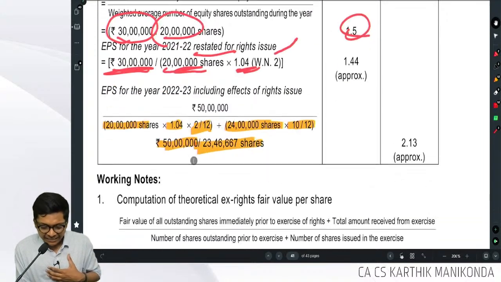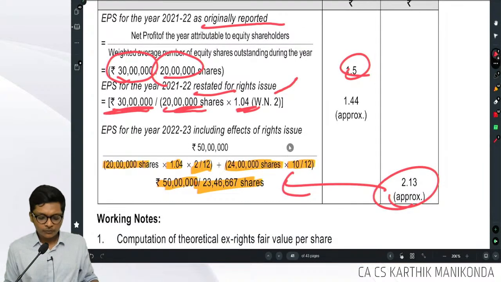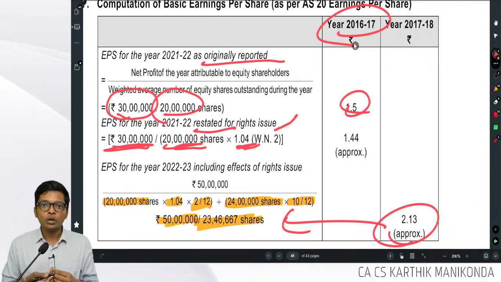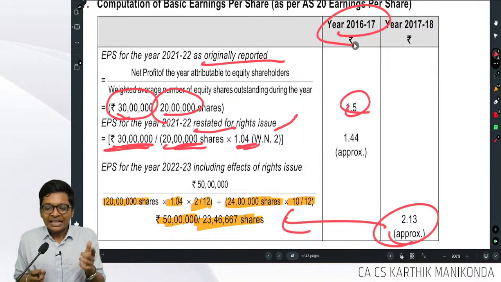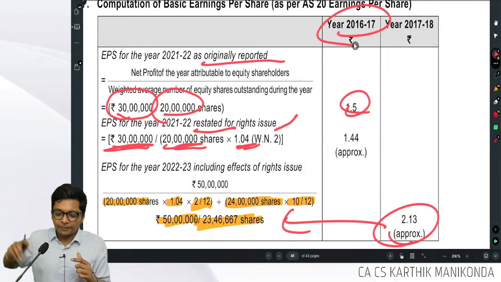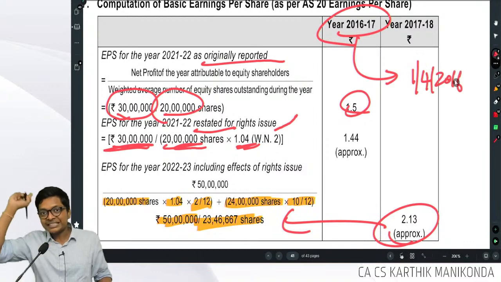In the year where rights are issued, it is for that year. What about the previous year? Previous year rights were never issued. So I told you, in case of bonus, what do we do? In bonus, we do a simple thing. Account as if the rights or bonus is issued from the beginning of the reporting period. So I will assume the rights or bonus is made on 1st April 2016 itself.